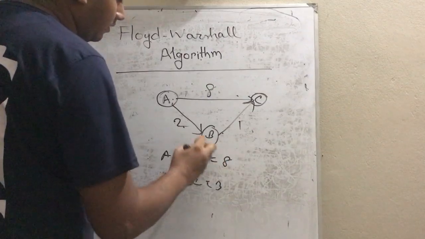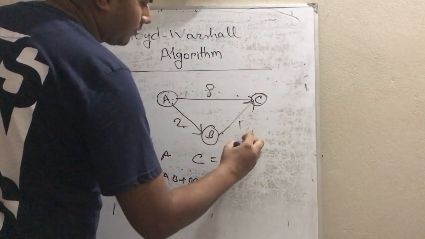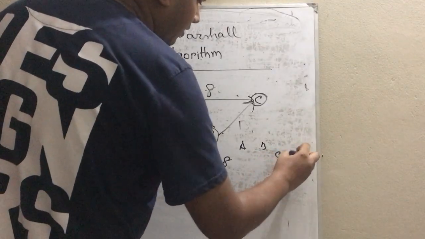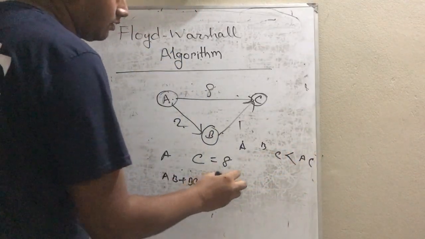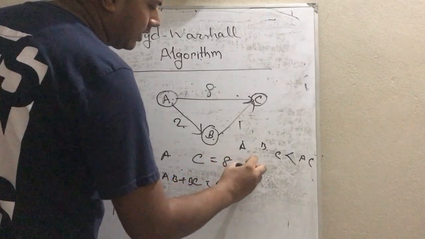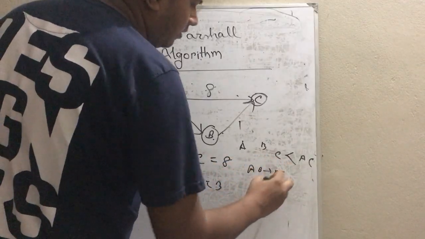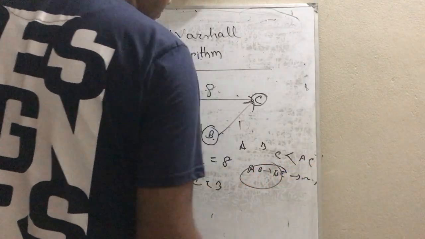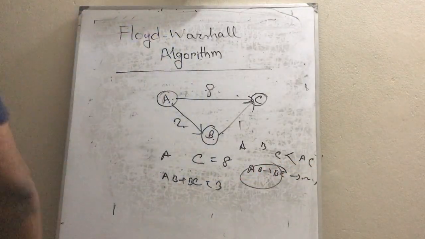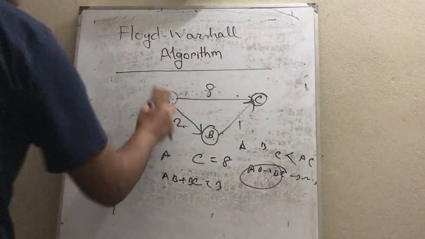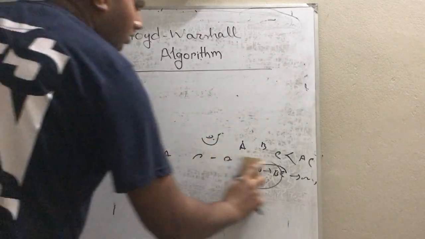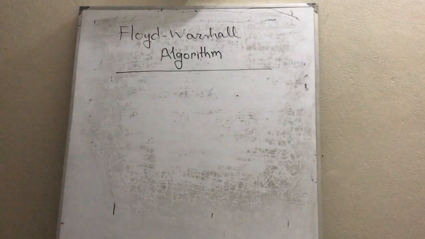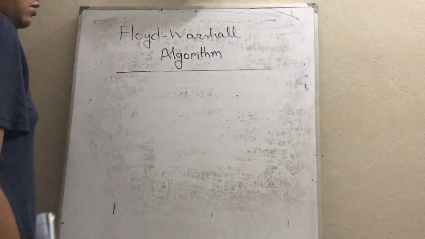So if A via B to C is less than A to C, then we prefer the path A to B, then B to C as our path from A to C. And we do this for all possible pairs via all possible middle values.